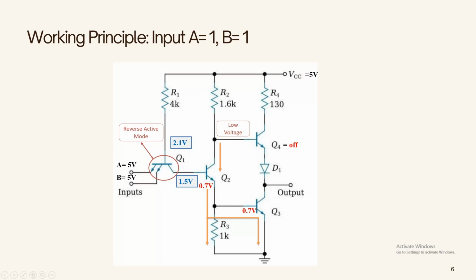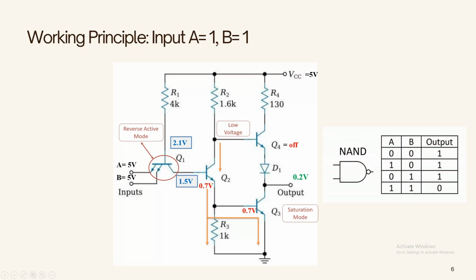So the base emitter and the base collector junctions are both in forward bias mode, which satisfies the condition for saturation mode operation for Q3. And as we know, when a BJT works in saturation mode, there is only a 0.2 volt drop across the collector and the emitter. So the output will have 0.2 volt of potential, which can be registered as a low output signal, and that satisfies the condition for the NAND gate when both inputs are high.